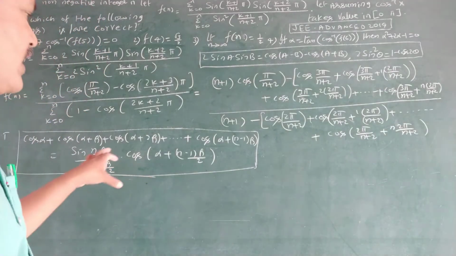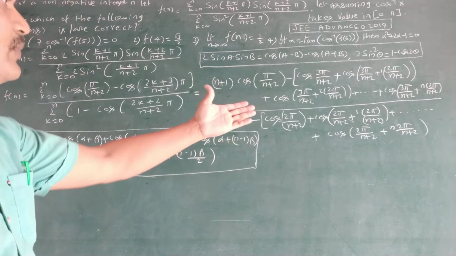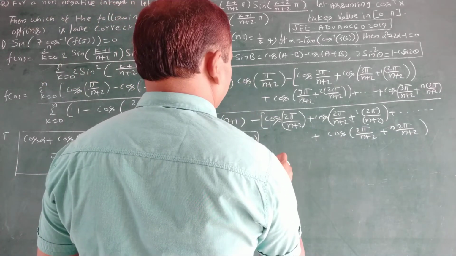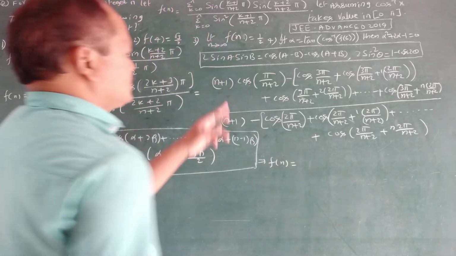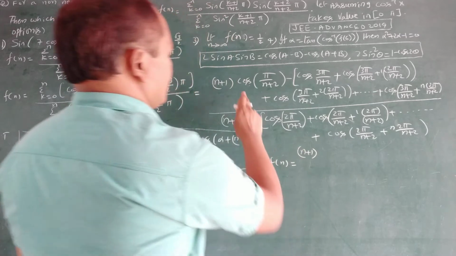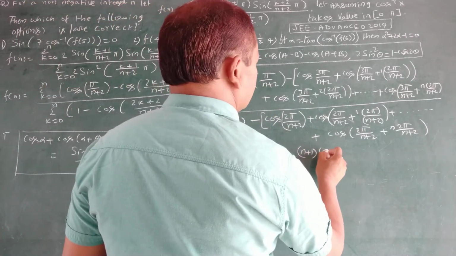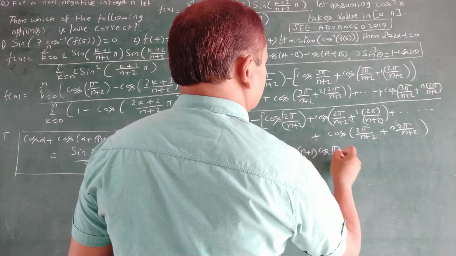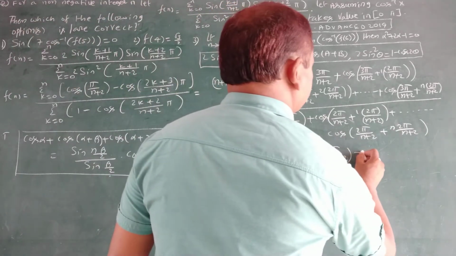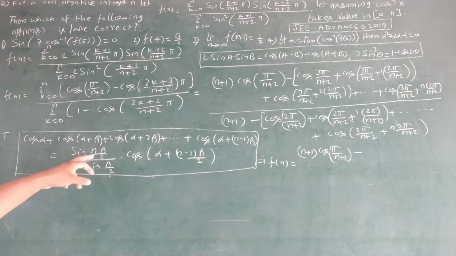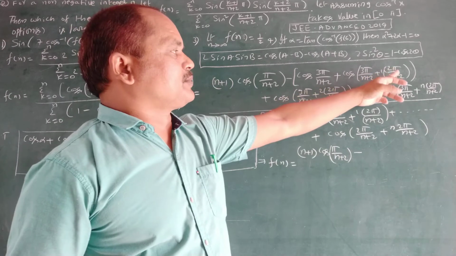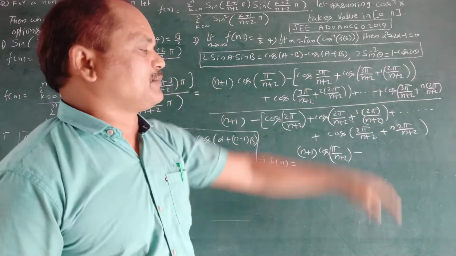Now according to this formula, we have to simplify both the numerator and denominator. So we write f(n) = (n+1) cos(π/(n+2)) minus, by using this formula, with α = 3π/(n+2) and β = 2π/(n+2), where the number of terms is n + 1.